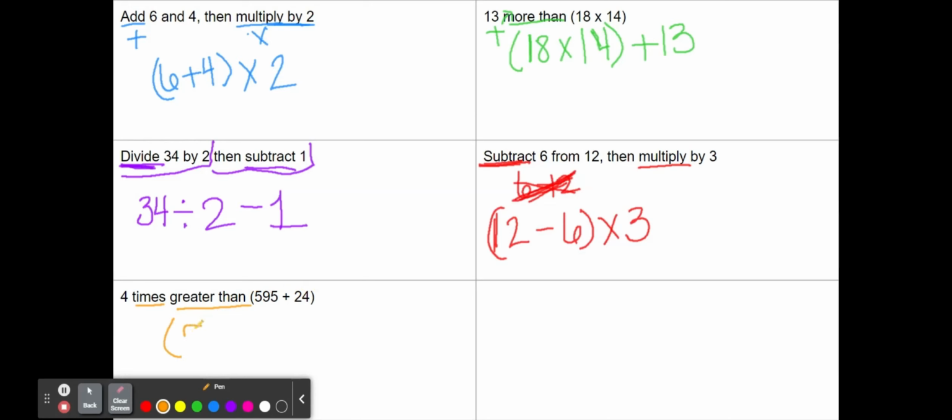So we have 595 plus 24 times 4. If you were to evaluate this, it would be whatever the sum is, times 4. But we're not evaluating in this particular standard.